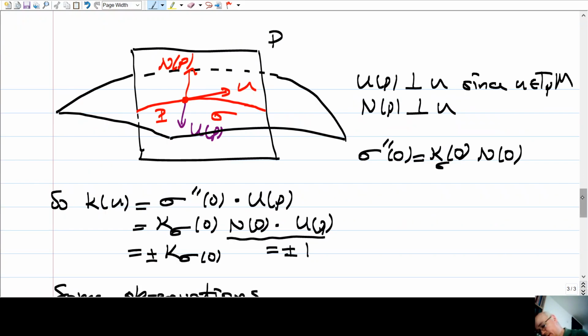So this means the following. If the curvature was negative, then this surface wouldn't be like this, but it would be the other way around. So the normal vector is upward and the surface is bending away from the vector u.